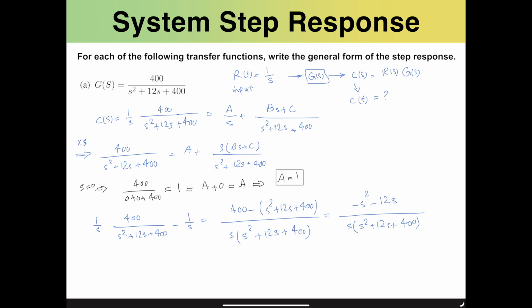But then we can further simplify this with one more step. As you can see here, this s in the numerator can be simplified with the s in the denominator as well. So I'm going to simplify that really quickly. This way, we can easily see that the numerator turns into a first order that can resemble some of the inverse Laplace transform equations. So let's try to solve the full inverse Laplace transform in the next slide.